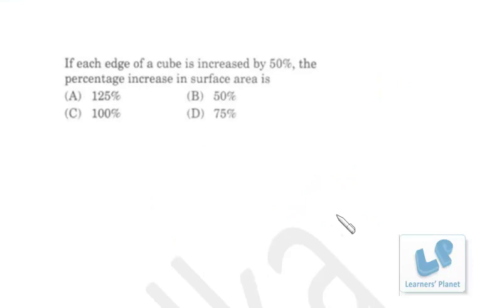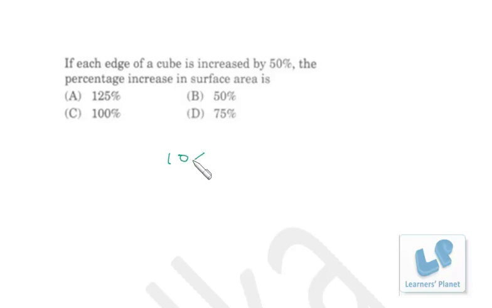Now if each edge of a cube is increased by 50%, what is the percentage increase in surface area? Now these sorts of problems we have already discussed in our basic percentage session, right? Since I need to find out the increase in surface area, it will be dependent on side, right? Basically the surface area of a cube is 6L square, but 6 is constant, so we don't have to consider that.